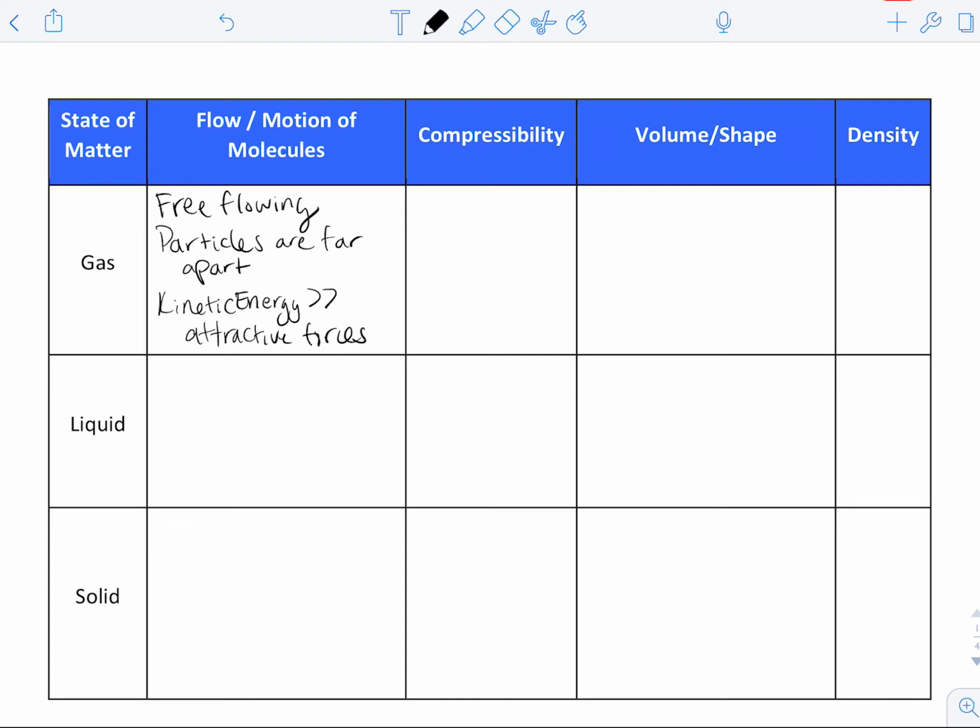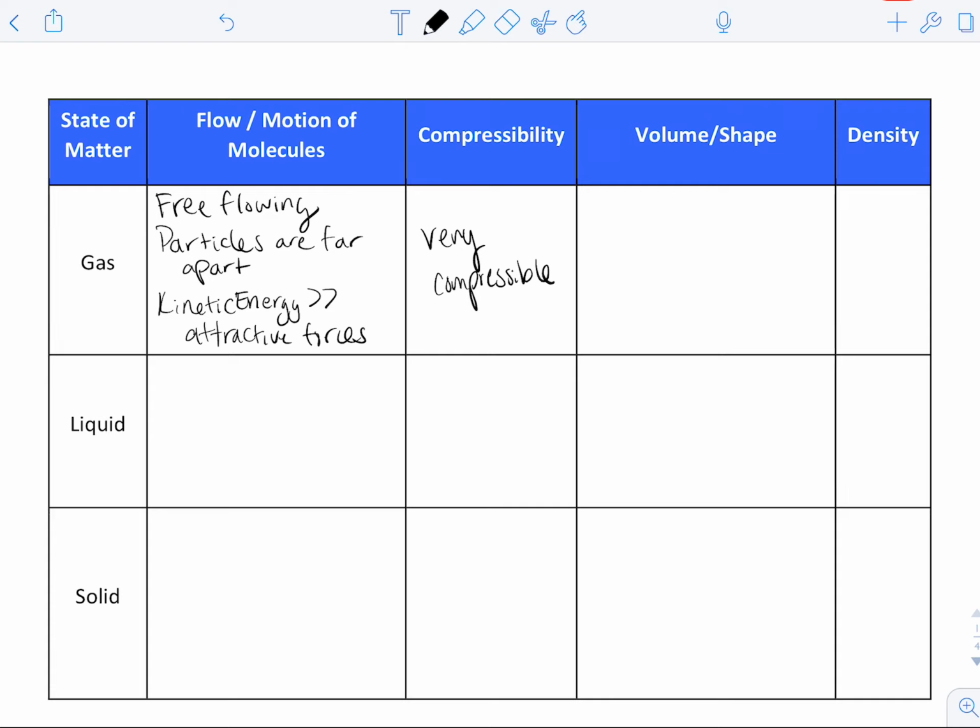Because these particles are so far apart, they are very compressible. So we would not consider a gas to be a condensed state of matter. Liquids and solids, we consider those to be condensed states of matter. Gases themselves, the particles are going to be very, very far apart, so we can compress them pretty significantly.